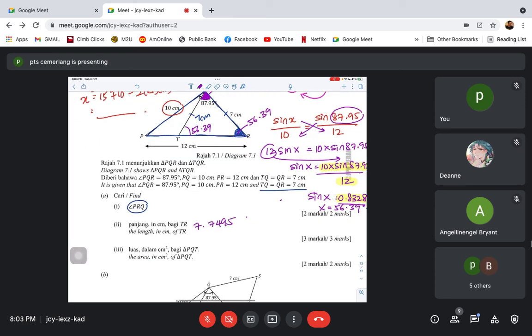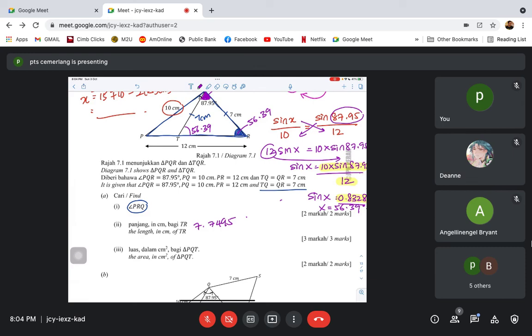Try to have a minimum of 3 decimal numbers. In your modern maths, you have 2 decimal numbers at the back. But for your Addmaths, some teachers say 4 significant figures. To be safe, we put 4 decimal numbers, because the more you write, the more accurate the answer is.